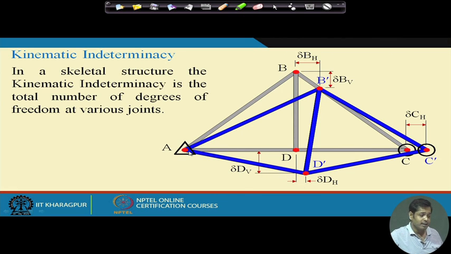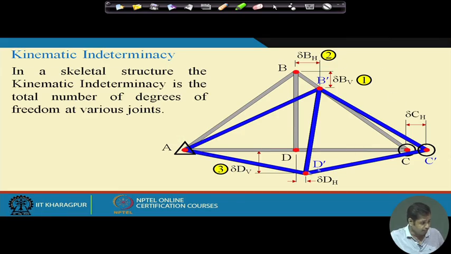Then joint A, there is no translation, and joint C, there is no translation in vertical direction. So, how many total degrees of freedom at the joints do we have? 1, then 2, then 3, then 4 and then 5.